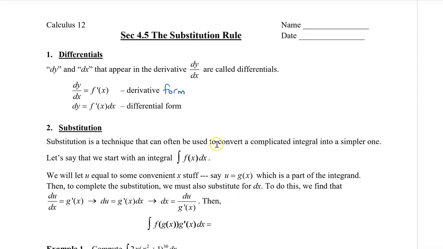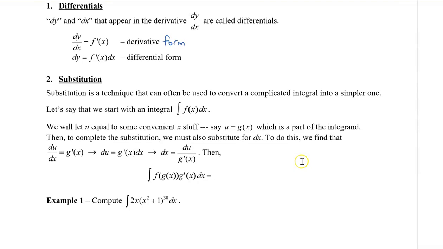So to do this, we're going to find that du/dx is equal to g prime of x, which is the derivative from this part here. We're going to multiply both sides by dx, so we get du equals g prime of x dx. And then we're going to divide both sides by g prime to get dx equals du over g prime of x.